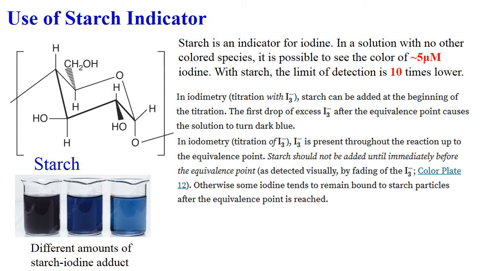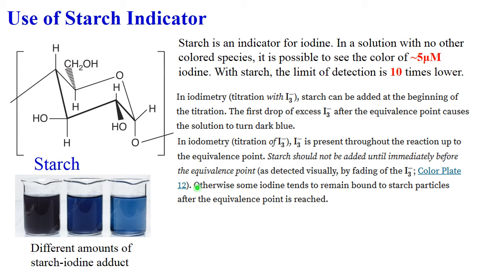The first drop of excess I2 after equivalence point causes solution to turn blue. These are the colors. If you have very little iodine, you can see pale blue. If you added too much, it's dark blue. And finally you have something like blackish solution because it's a mixture of I2 and this adduct.